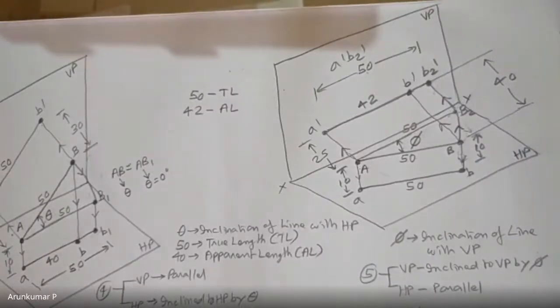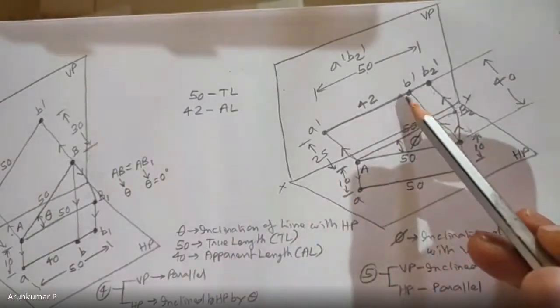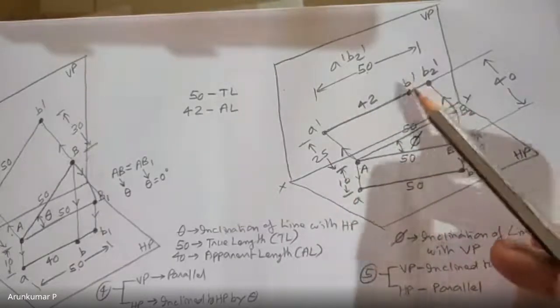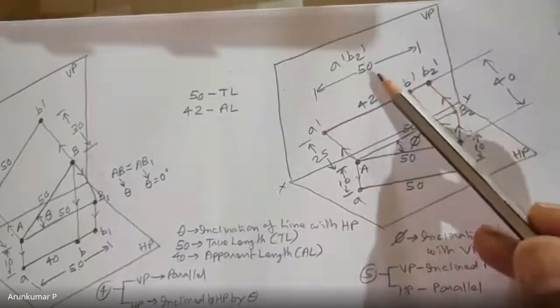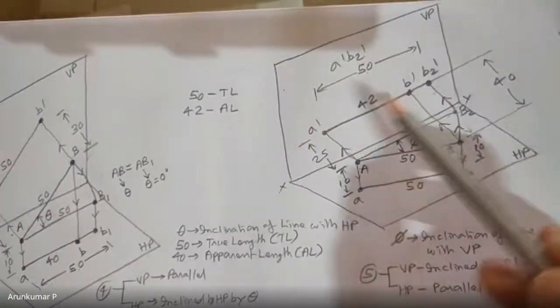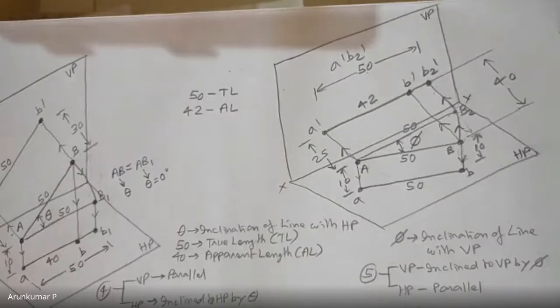I hope this concept is clear, that even though a line is not parallel to a plane, you can rotate and project and make it parallel and get the true length of the line on that particular plane, either in the front view or in the top view. It is possible.